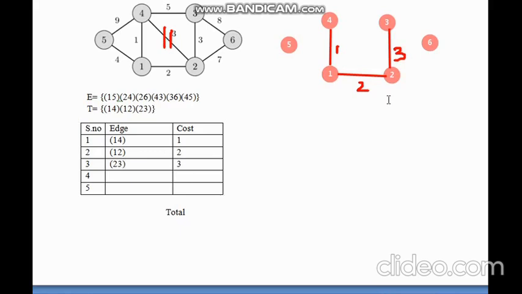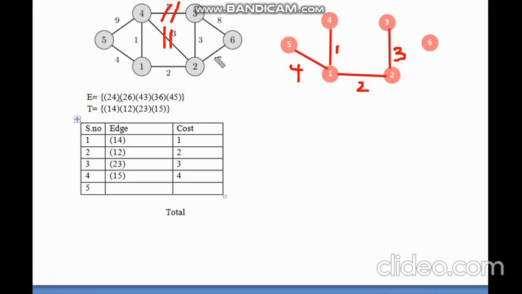Now the next least is 4, 1 to 5. So 1 to 5 with cost 4. 1 to 5 is not forming a cycle, so 1 to 5 is removed from E and added to T as the fourth edge with cost 4. Okay, now the next least edge is 5. If I take 5, it forms a cycle, so discard it.